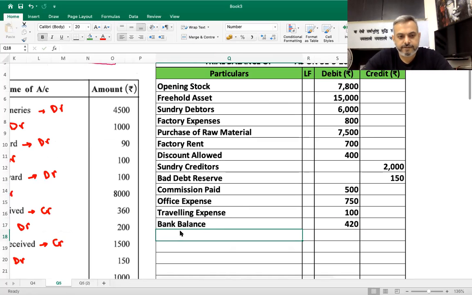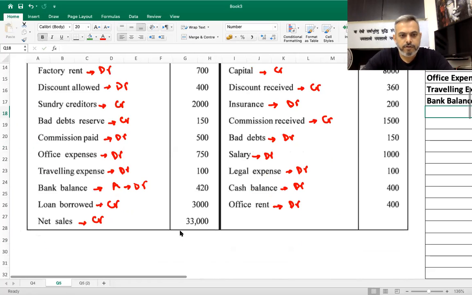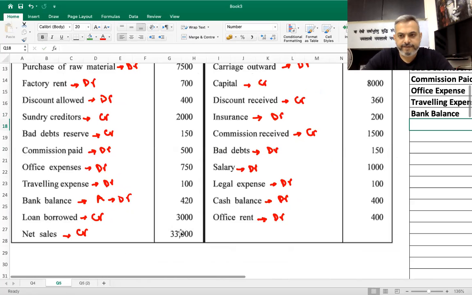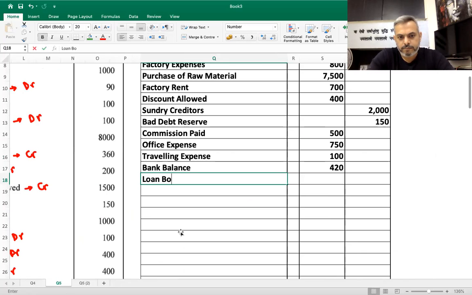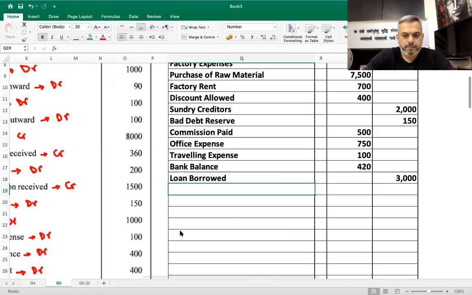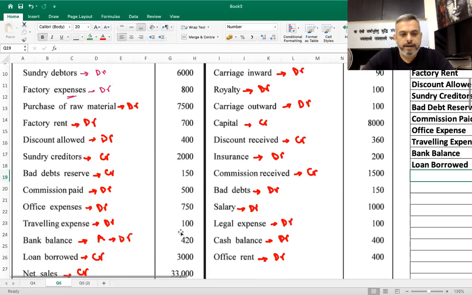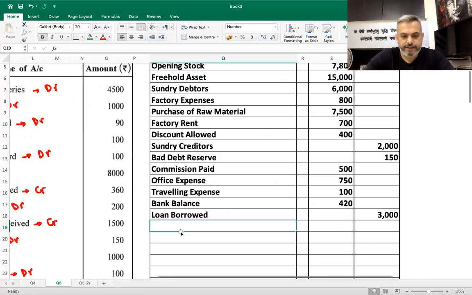So these, then loan borrowed, we have taken a loan, so it's a liability 3,000. Net sales 33,000, goods goes out, credit what goes out.